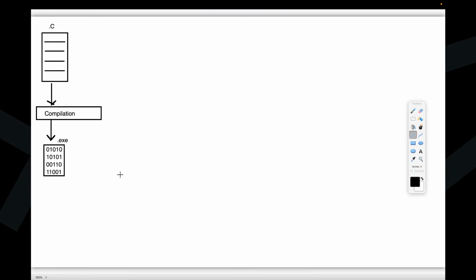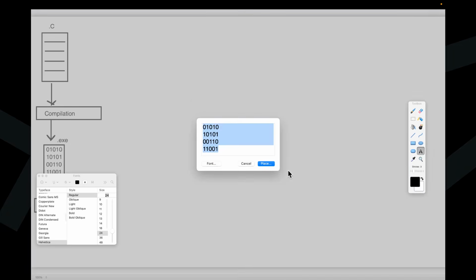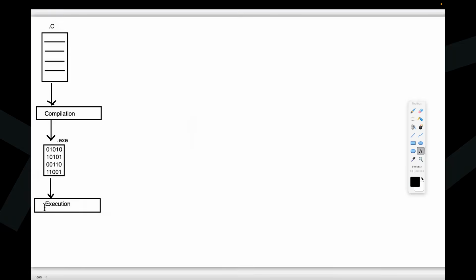After getting the .exe file, what do we have to do? Come on. Execution, we have to perform.